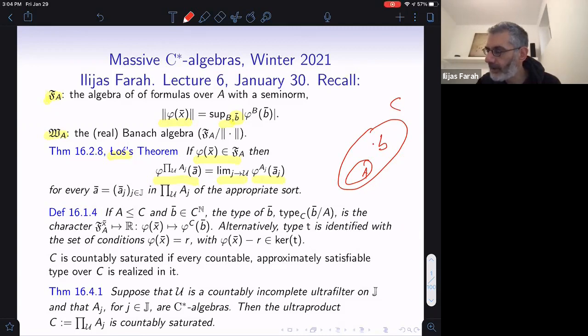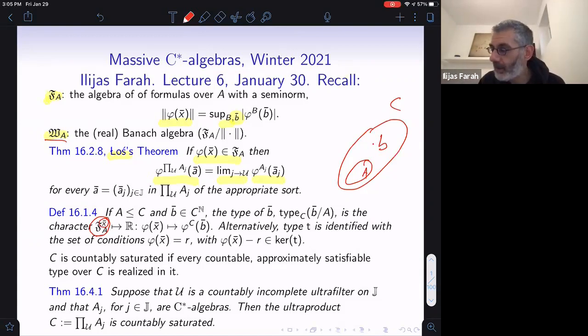How do we evaluate its type? Well, type is a character whose domain is the algebra of formulas over A. Here I put F sub A, I could put M sub A as well, it really makes no difference. What matters is that these are formulas that fit B, that they have free variables that are exactly of the same sort as B.